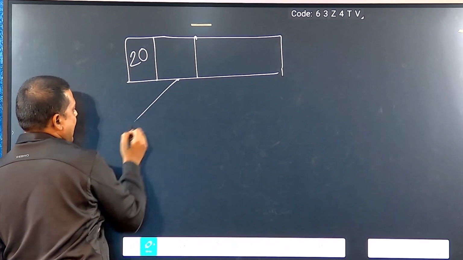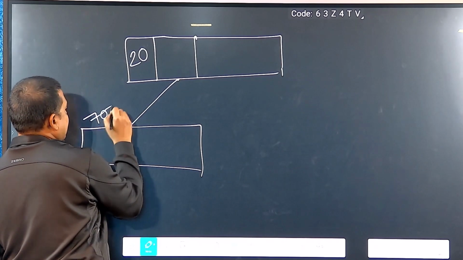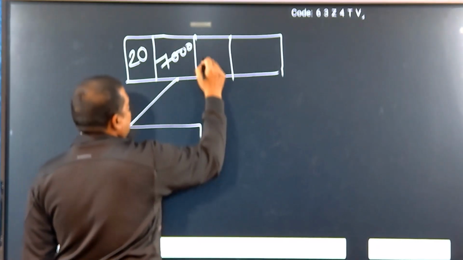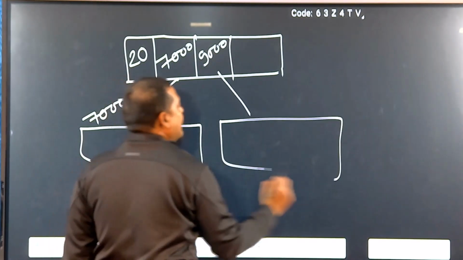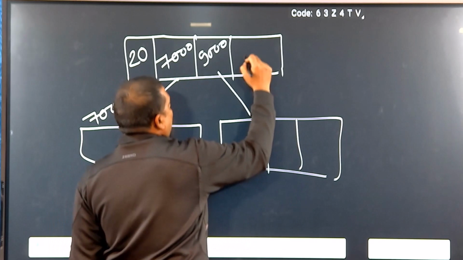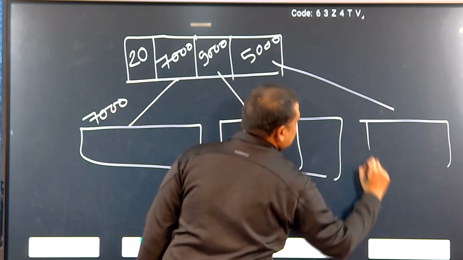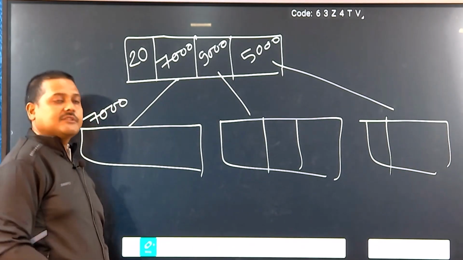This node can have multiple values also, say its base address is 7000, so 7000 is here. This is 9000, another value, pointing to another node. This is 5000. These are the base addresses of other nodes. So, this is nothing but the structure of how the values are actually stored.